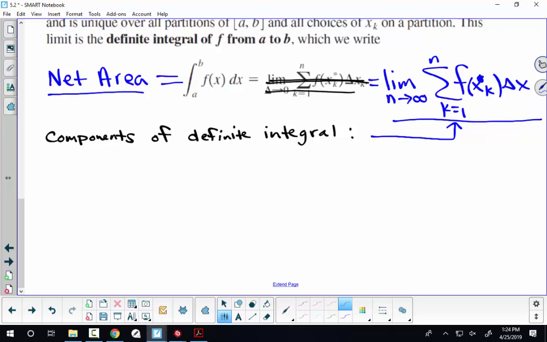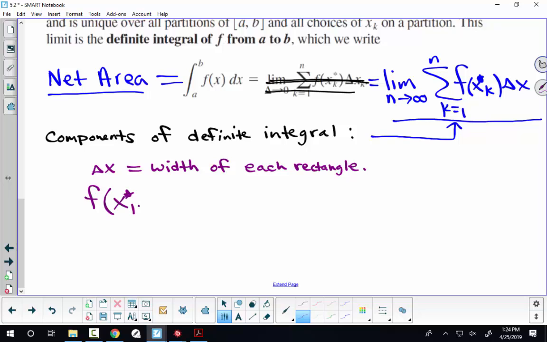So as we've addressed, the delta x is just the width of each rectangle. Then f of x star sub k: we're plugging an x star sub k into the actual function, whatever that function is, x squared, sine x, whatever.